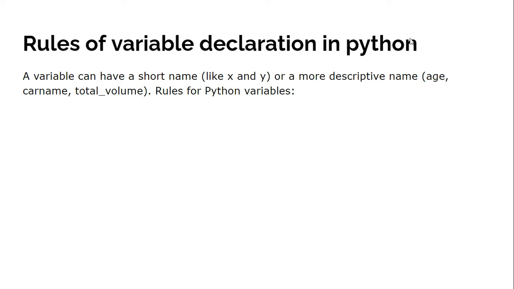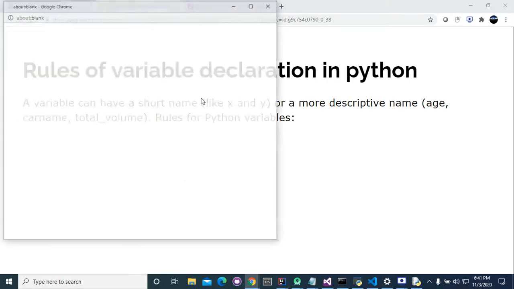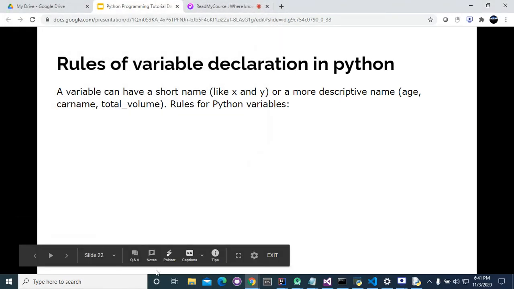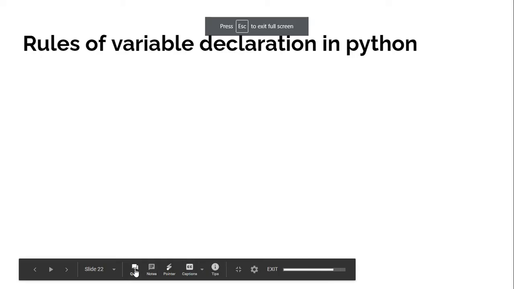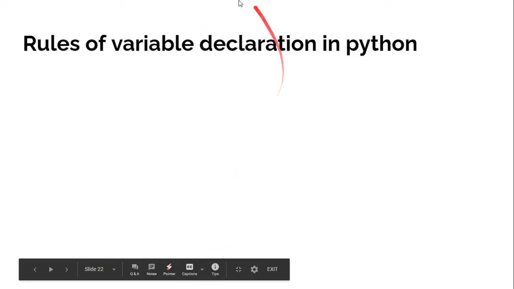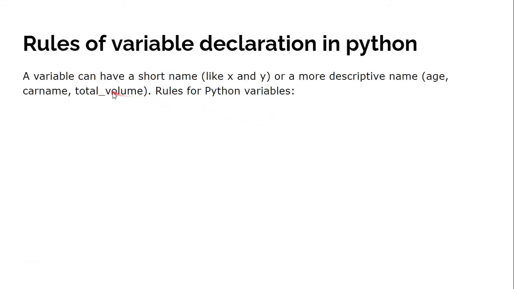What is the meaning of short name? A variable can have a short name means that when we declare a variable, we need to keep it as short as possible.